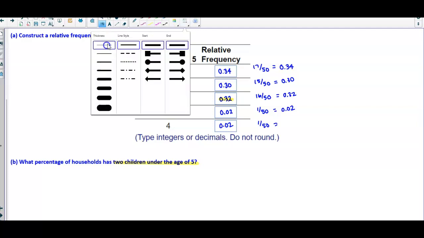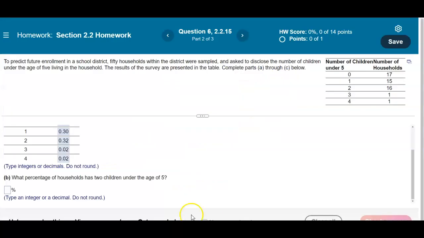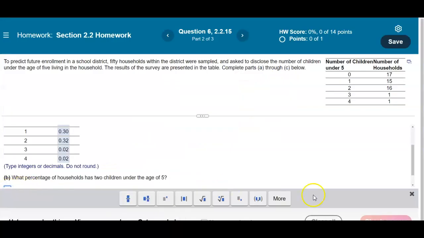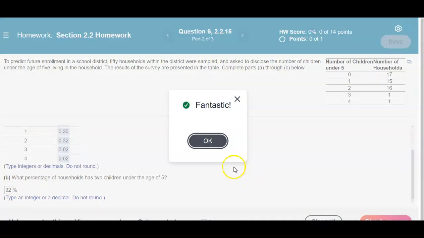Okay, so that represents a decimal, and they want us to find a percentage. So we're going to multiply this by 100%, which means we're going to move this decimal over 2 times to the right, which gives us 32%. So let's go ahead and put that answer into our value here. So again, the percent is already here, so we're going to put in 32, check our answer, and there is our result.